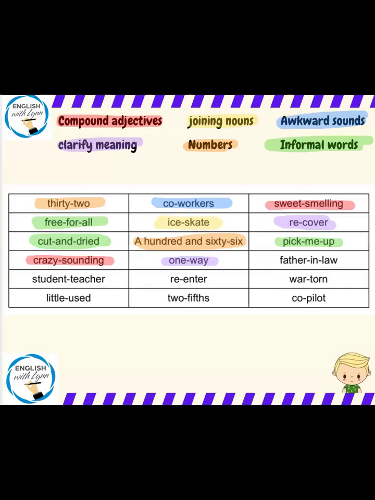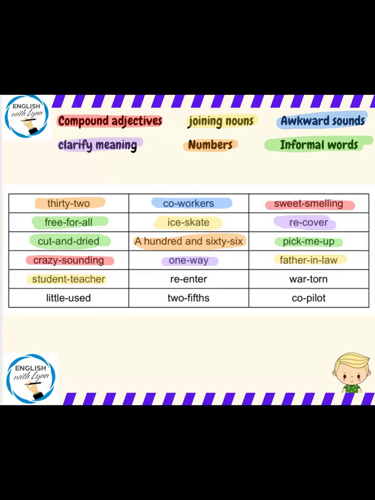A lot of the nouns that we join together related to family would have the in-law part of it. Okay. Then the next one, student-teacher. So those people that come into school and they're learning how to become teachers, you are joining the nouns together. So they're a student, but they're learning how to become a teacher.